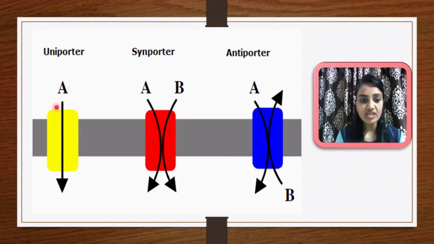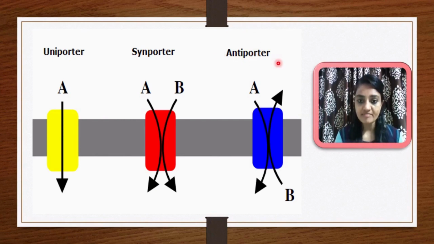If only one molecule is transported across the membrane, that is considered a uniport, and if two molecules are transported together across the membrane in the same direction, then it is considered a symport. And if two molecules are transported across the cell membrane but not in the same direction, in the opposite direction, then it is considered an antiport.